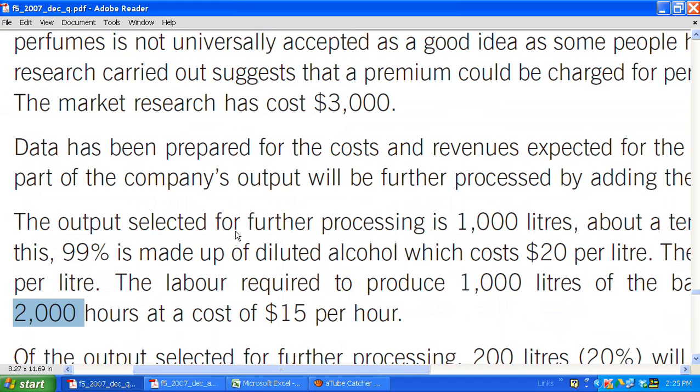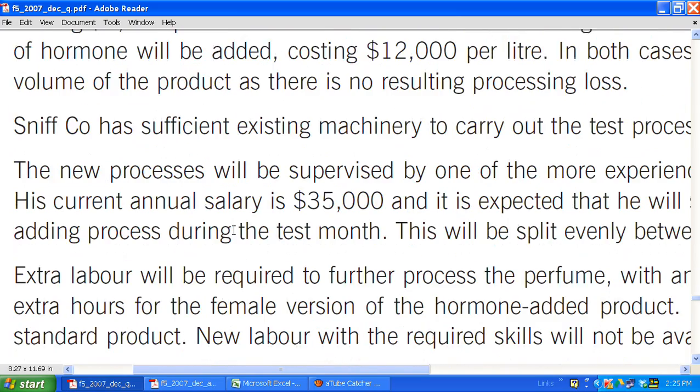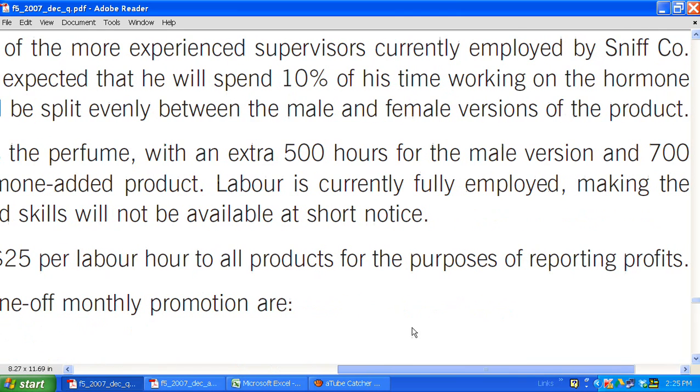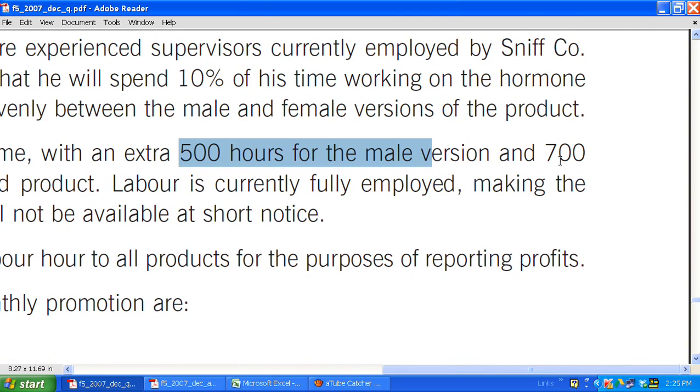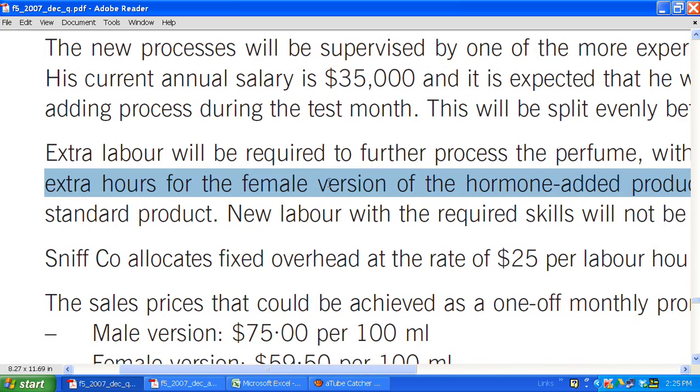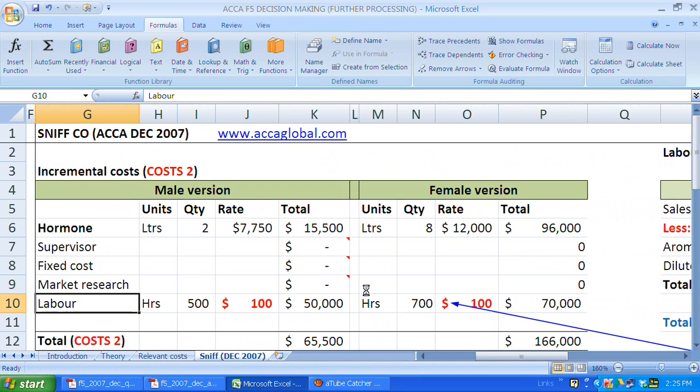So the extra labor is 500 hours for male version, and 700 hours for female version. So you can see 500 here, 700 here, multiplied by the labor rate to give you 50,000.